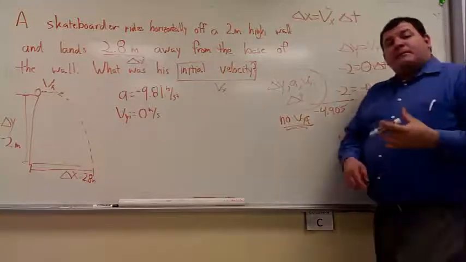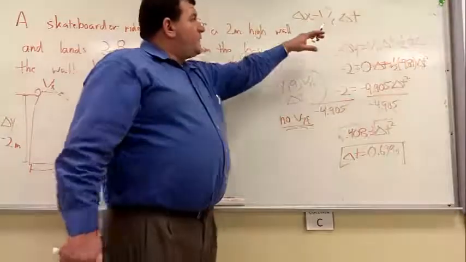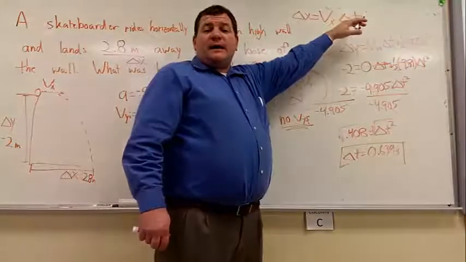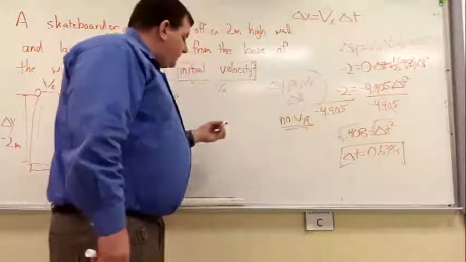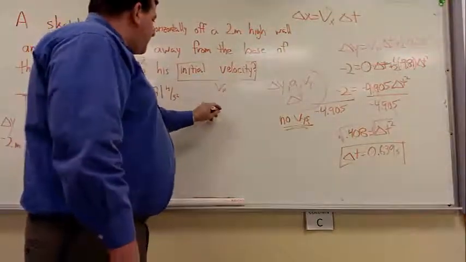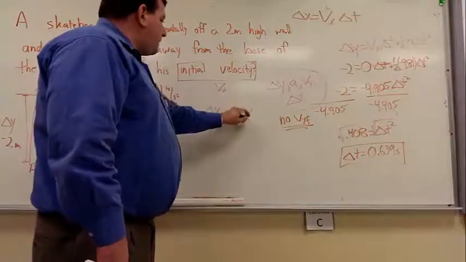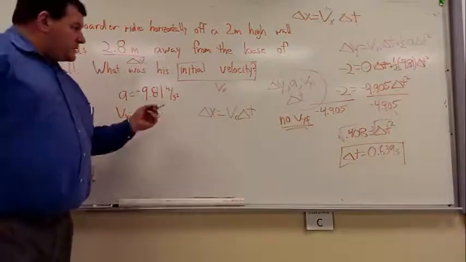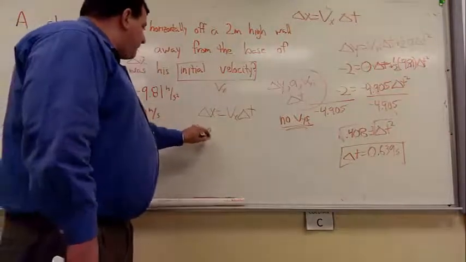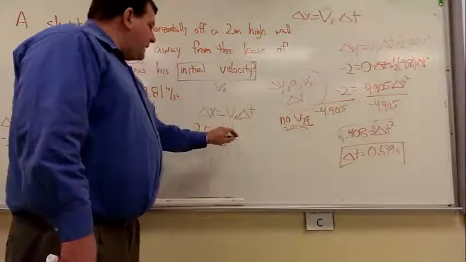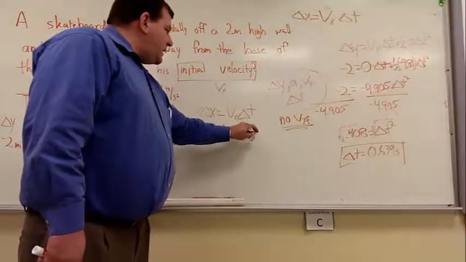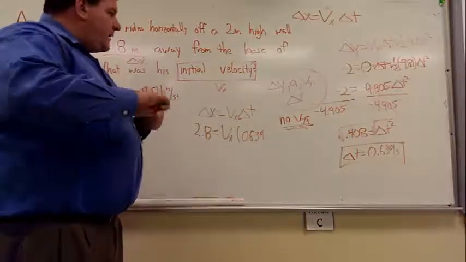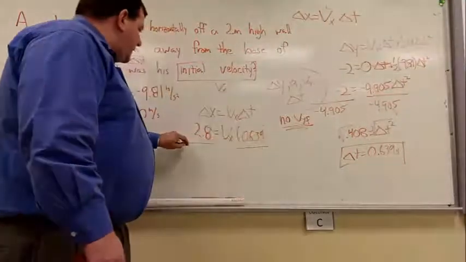So there's my time, but I'm not done yet. Remember, I'm looking for the initial horizontal velocity. So I can now plug my time into this equation and solve for that. My delta x was given as 2.8 meters. I'm looking for Vx, and I know my time is 0.639 seconds. Divide both sides by 0.639.